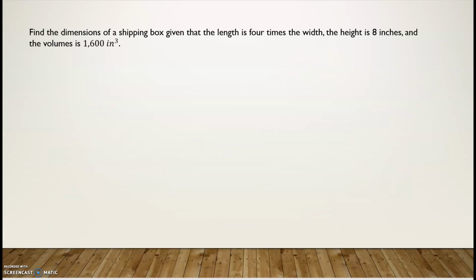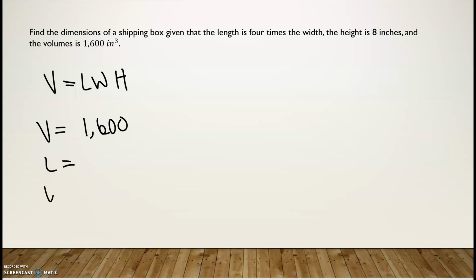Okay, find the dimensions of a shipping box given that the length is 4 times the width, the height is 8 inches, and the volume is 1600 inches cubed. So we are looking for a volume of a box, so length times width times height. They gave us the volume, that is 1600. We need length, width, and height.